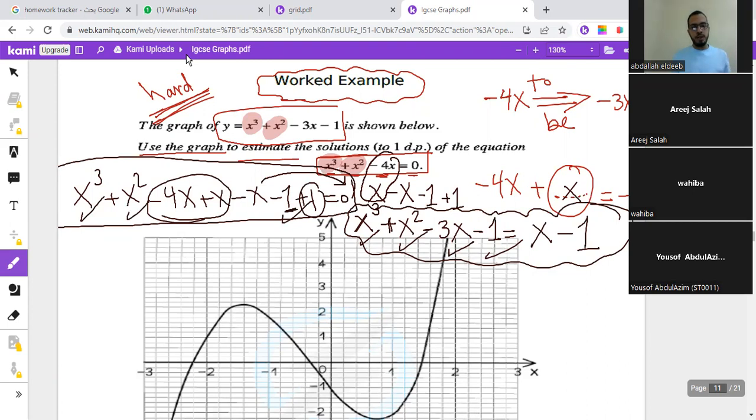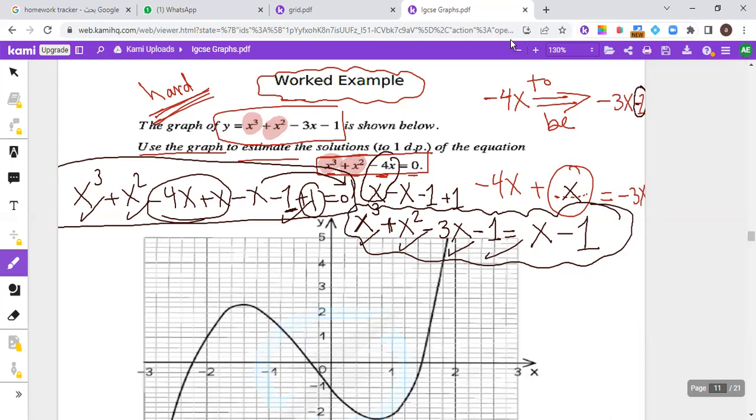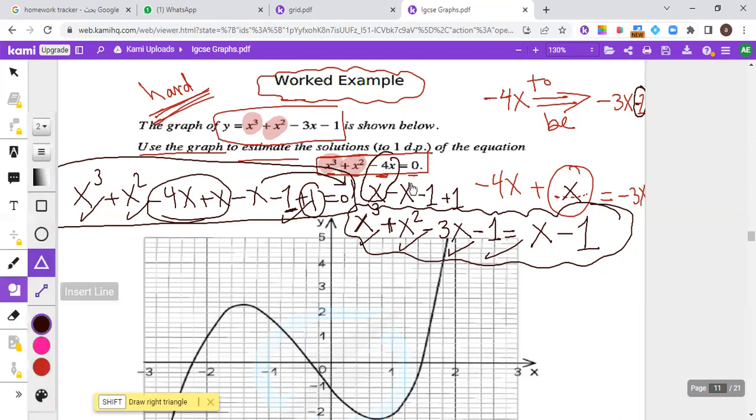Just, sir, like this, you subtracted one and you added another one. You didn't do any change. It's still the same thing. Yes, and that is the secret. We don't change anything, because if we change, it will be wrong. But what did we do, and why?